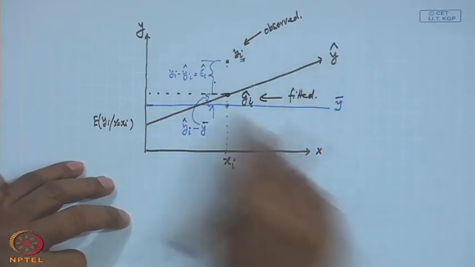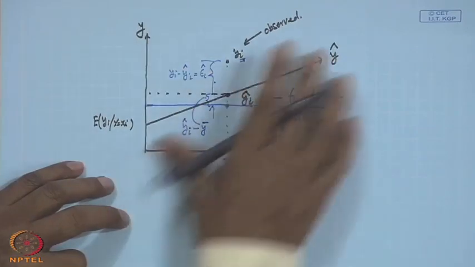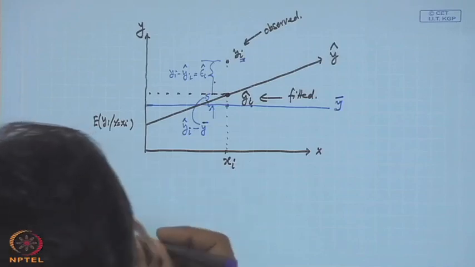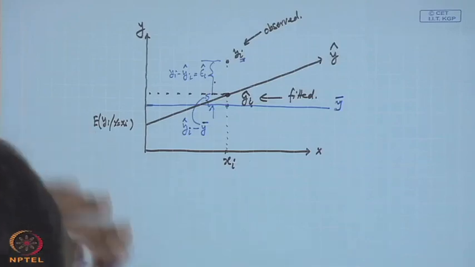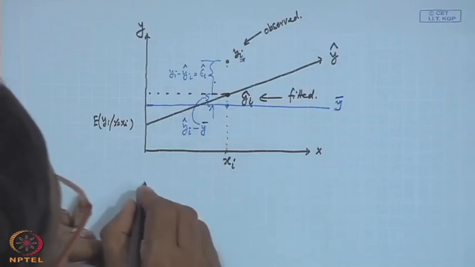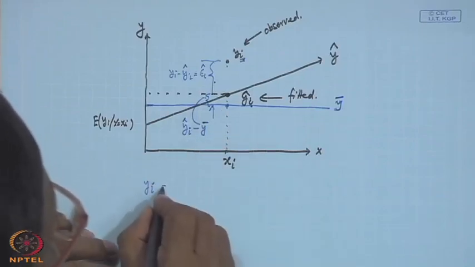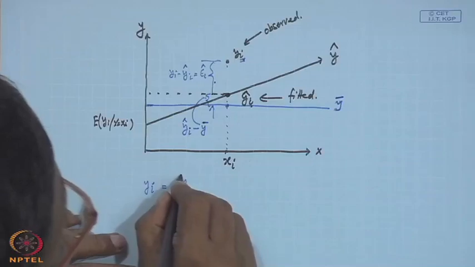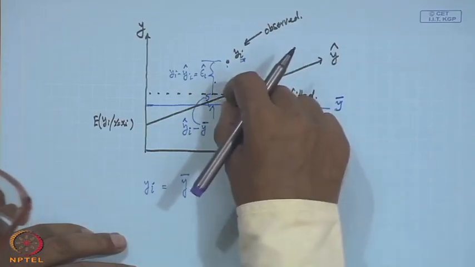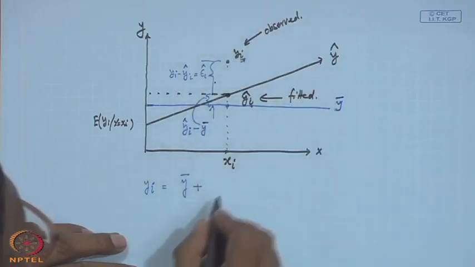When you are talking about the one variable case, x equal to 1; in multiple regression, it is similarly so. So, if I want to write this yi, can I not write it like this: y bar plus this one plus this one.